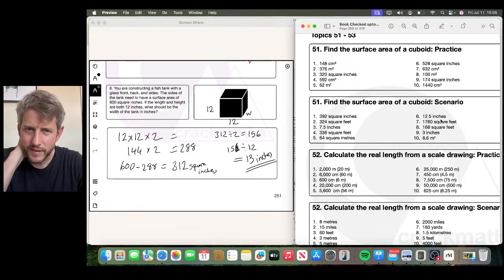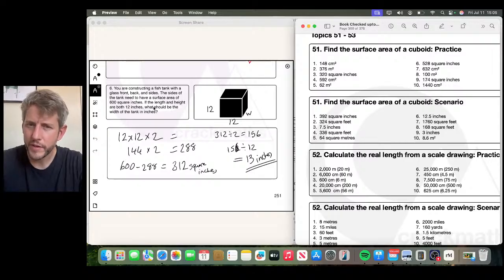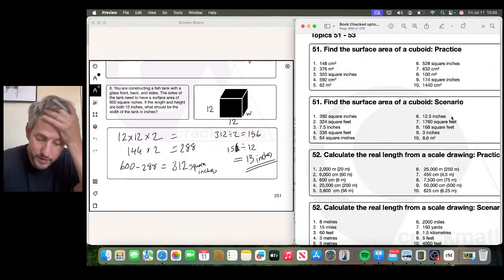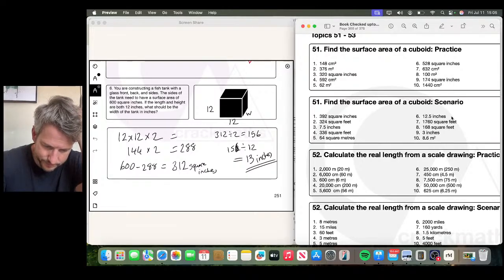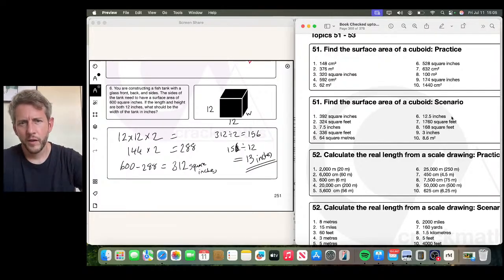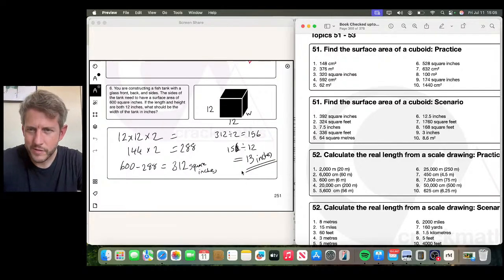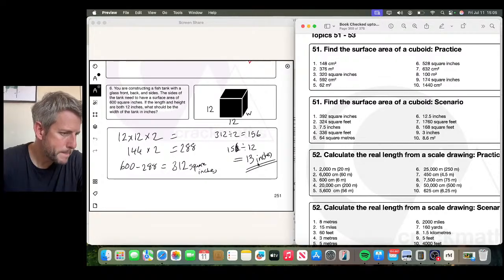We've got a different answer. Find the surface area of a cuboid. So we've got 12.5 here, and I have got 13. They're very close, but not quite the same.